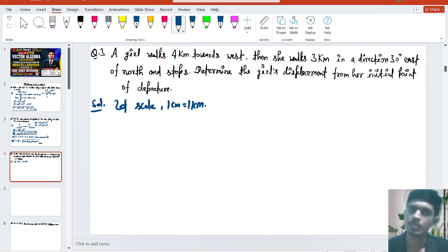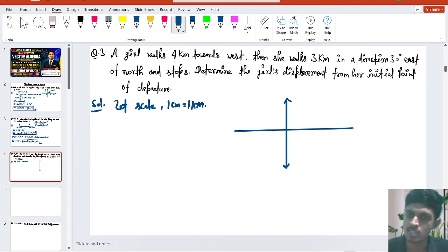In order to solve such types of questions, we need to draw a suitable diagram and mention the directions here.